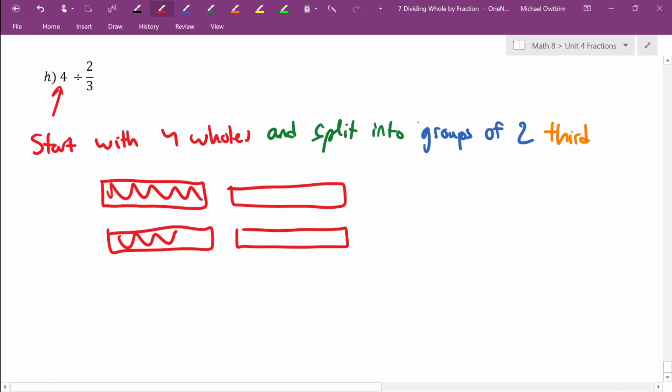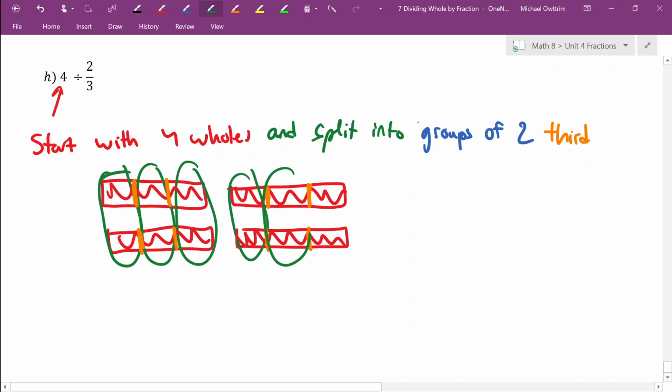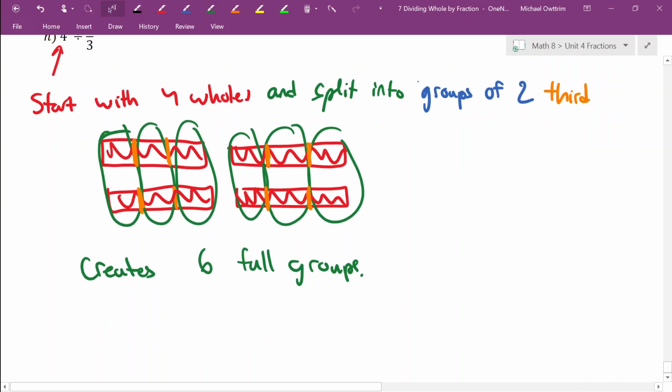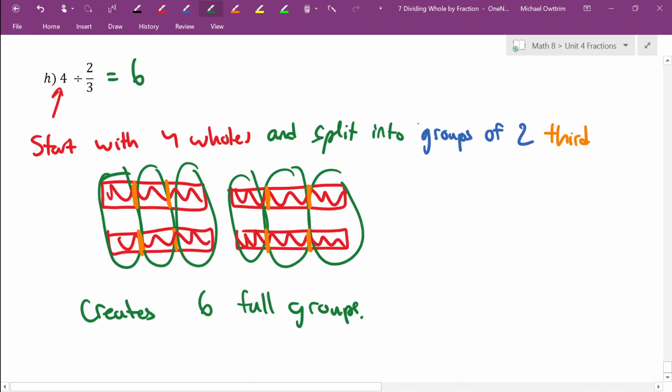Of course, we've got all of each of these. We want to split those 4 wholes into thirds, so 2 dividing lines. And then we want to sort them into groups of 2/3 at a time. So 1 group, 2 groups, 3 groups, 4 groups, 5 groups, 6 groups. This creates 6 full groups. No partial groups, so we're going to say our quotient is 6.